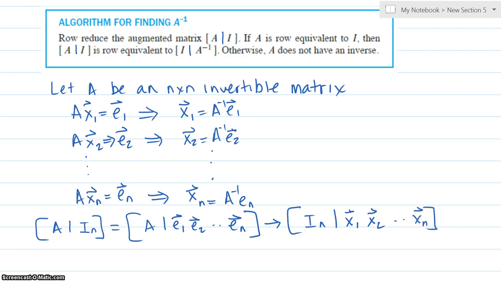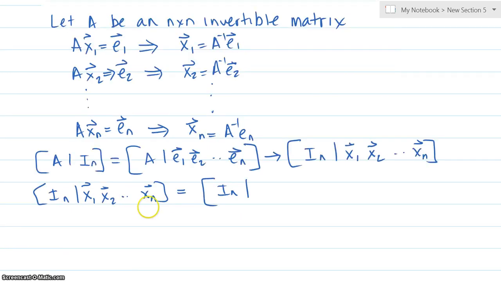When we did our work above, we actually got our I. That's what we did. If we just did it for E1, we just did it for E2, and so forth. And then we know that is actually equal to, we just rewrote it down here, x1 is equal to A inverse E1, A inverse E2 is what x2 is, and finally A inverse En.